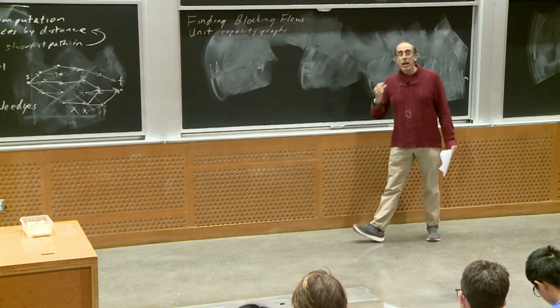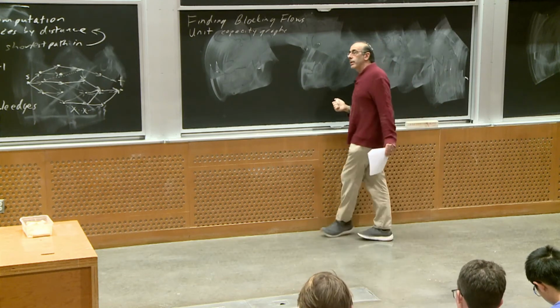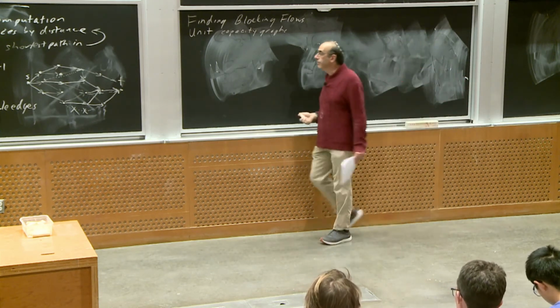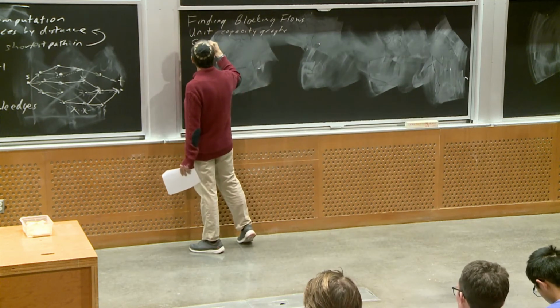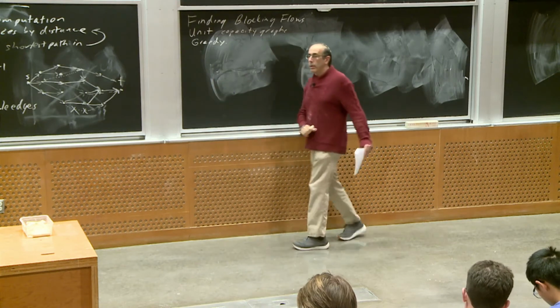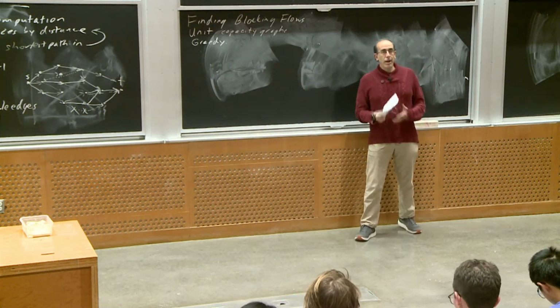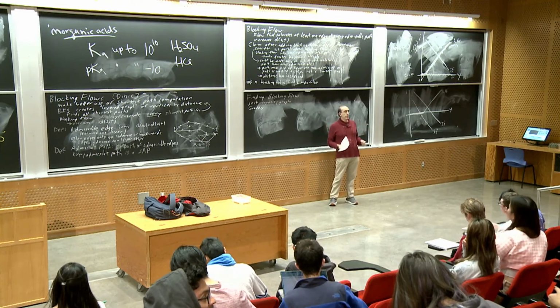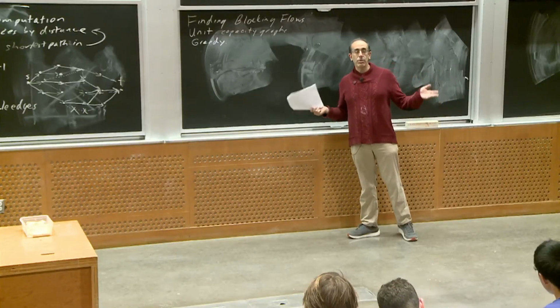And again, the insight that we're going to use is that, unlike MaxFlow, we can just afford to be greedy. So if we're trying to find a blocking flow that saturates all paths on the admissible graph, what would be the most obvious way to get started?